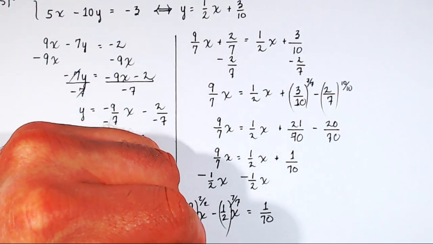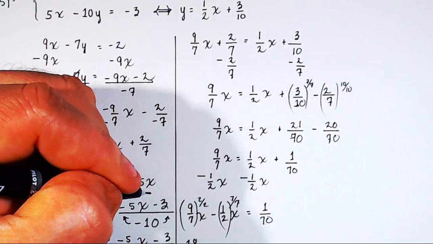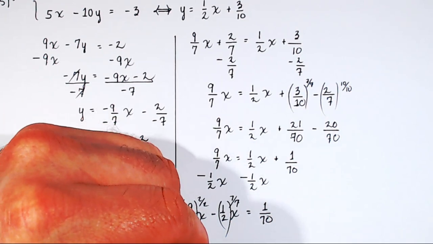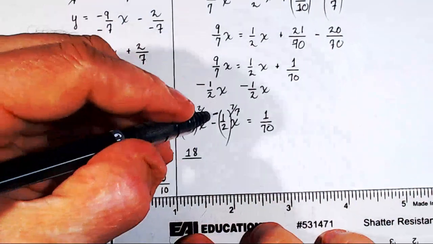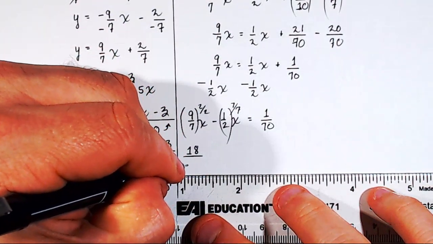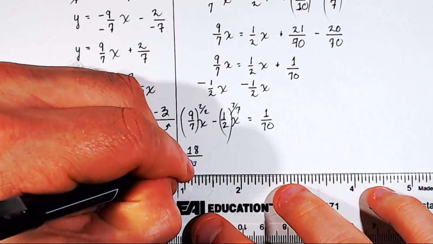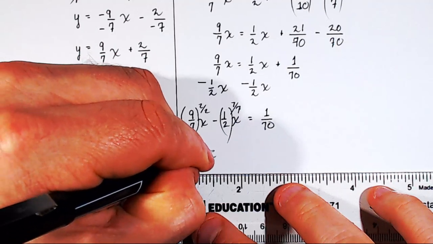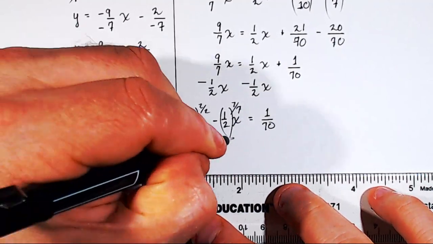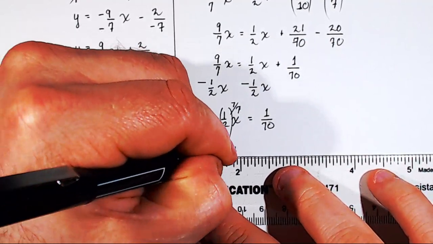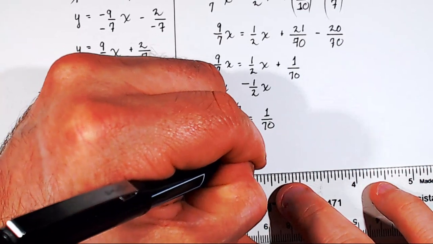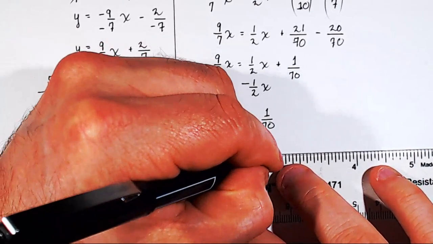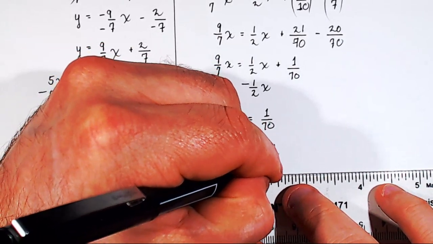And then what I'll end up with is 18/14x minus 7/14x equals 1/70.